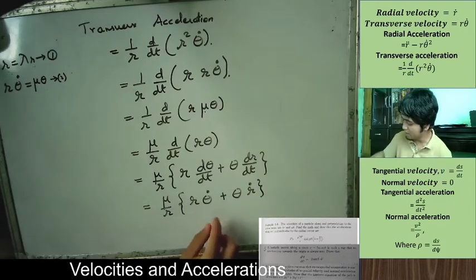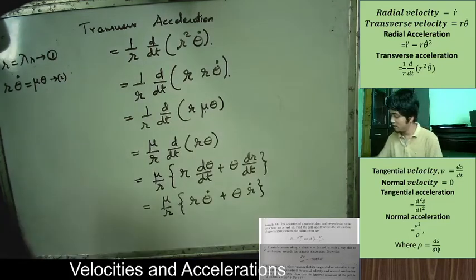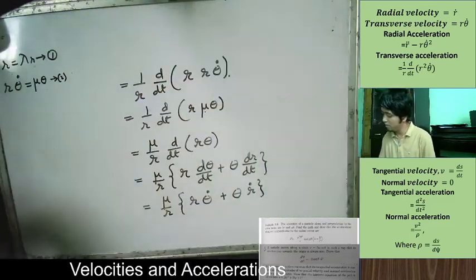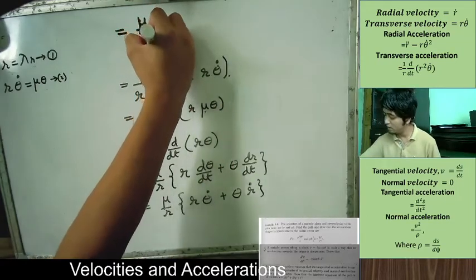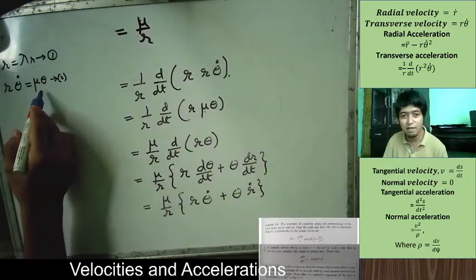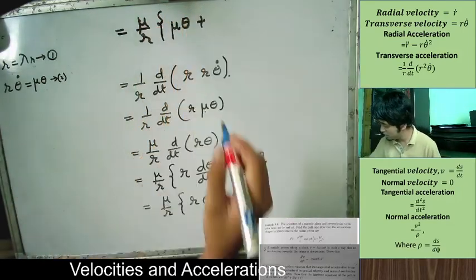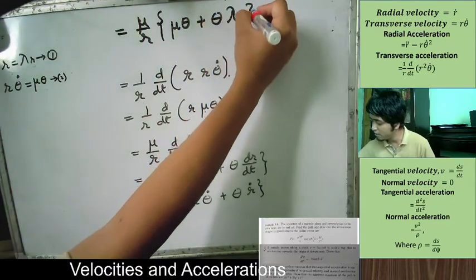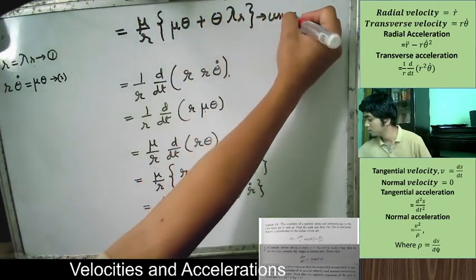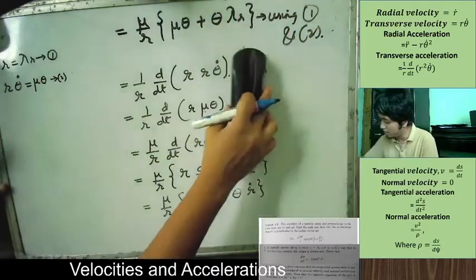Now again we can substitute theta dot from the first equation. We will have mu by r, theta dot is mu theta according to equation 2, plus theta r dot, which gives theta lambda r, again using 1 and 2. So this is what we have.